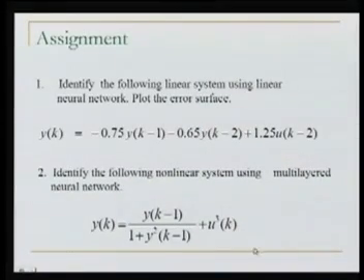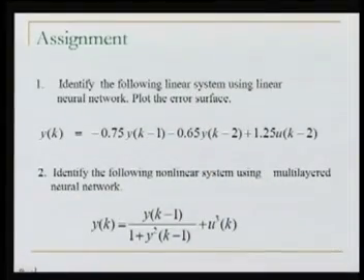The second one may be a little difficult for you. Here you have to use a multi-layered feed-forward neural network. I suggest you use around 10 hidden neurons. Obviously, you have one output, so the output layer has only one neuron, and the input layer also has only one input.